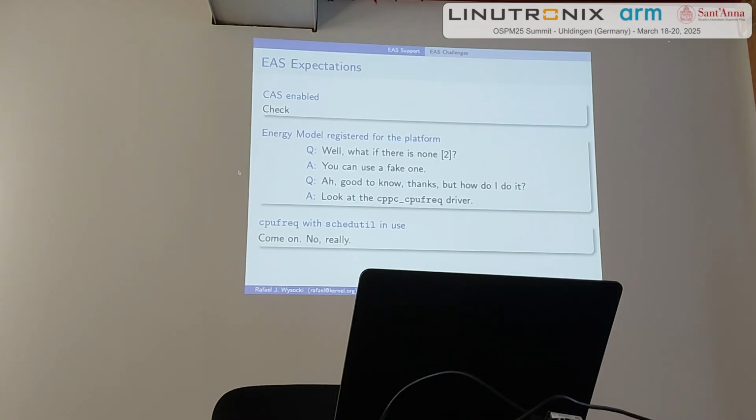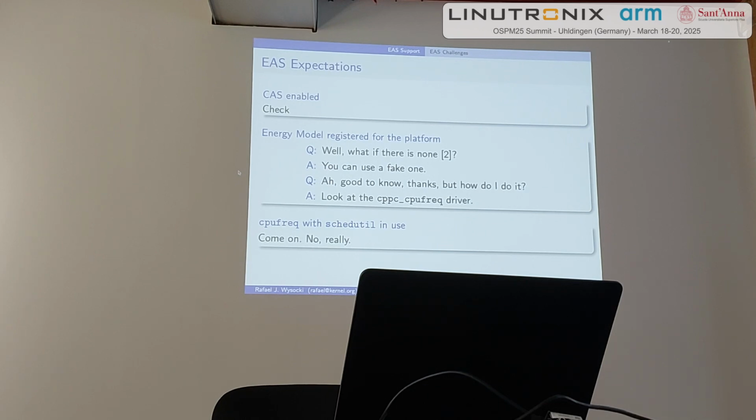All right, so when I started to think about enabling EAS, there are expectations, right? EAS needs to have CAS enabled, and then the energy model needs to be provided. Obviously, I couldn't get a real energy model because I don't have the information to create it, and even if I had that information, it would still be difficult.